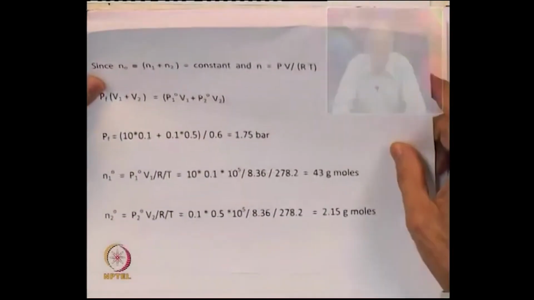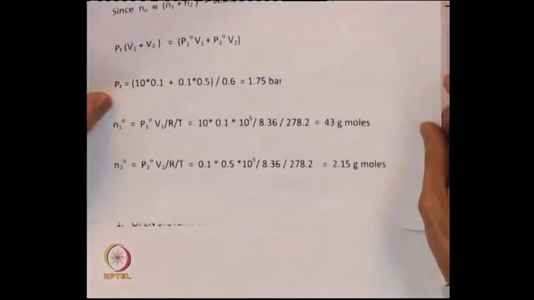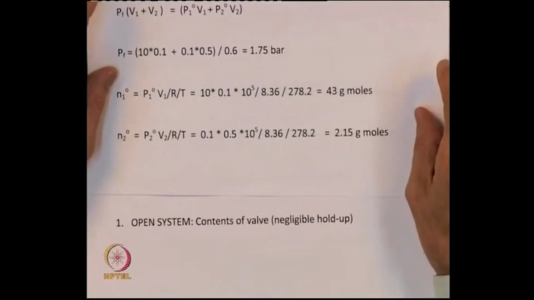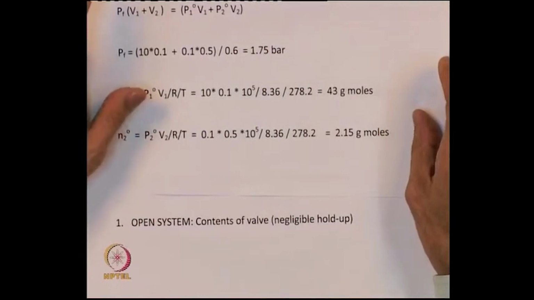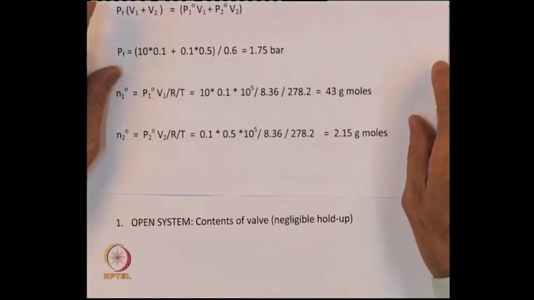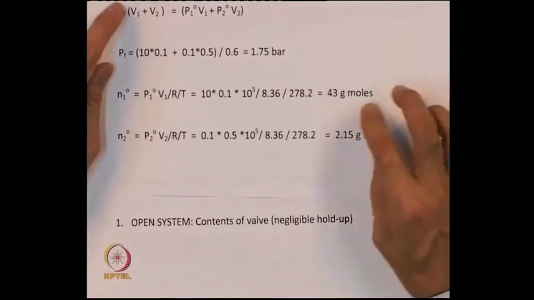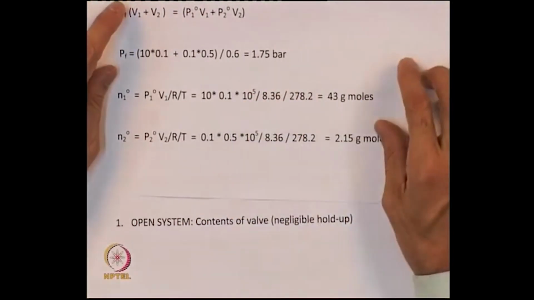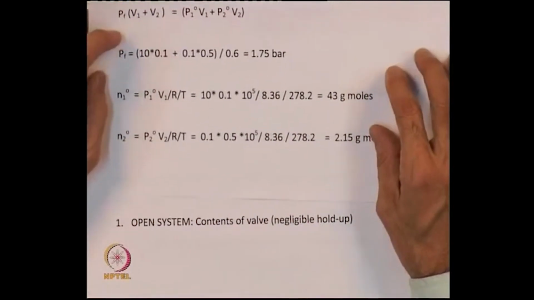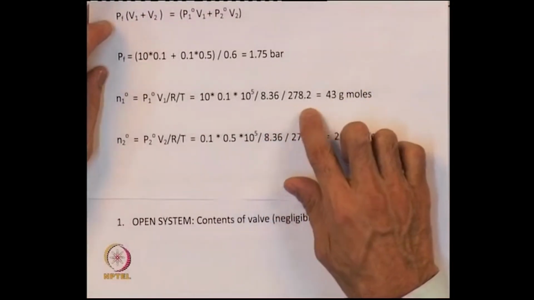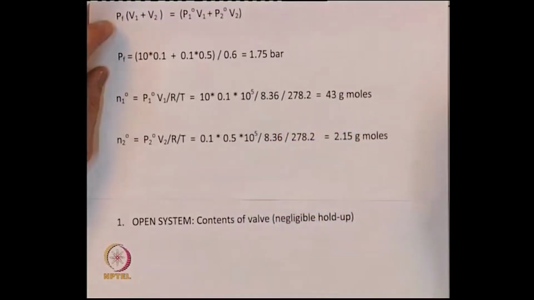We will calculate the number of moles before we actually tackle the actual problem of calculating work. N10 is the number of moles initially in tank 1, it is clearly given by P10 V1 by RT. So, you can put in all the numbers here, and 10 to the power 5 is the conversion for bars, and you get essentially 43 gram moles in N10, N20 is 2.15 gram moles.